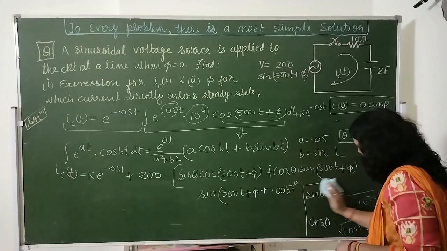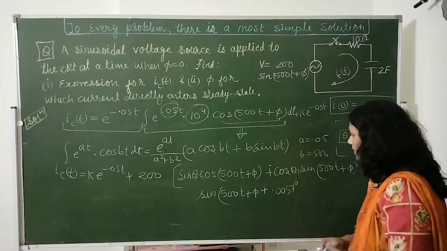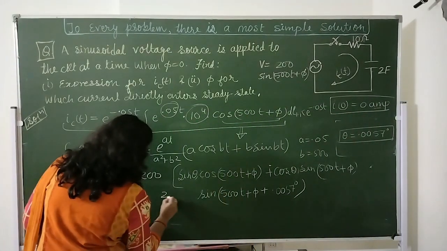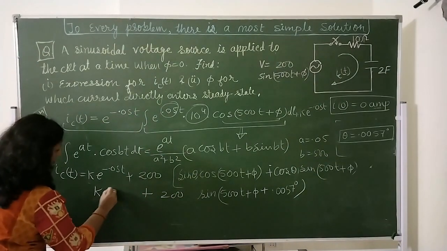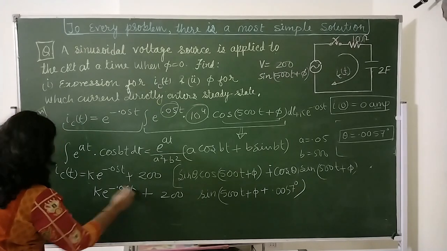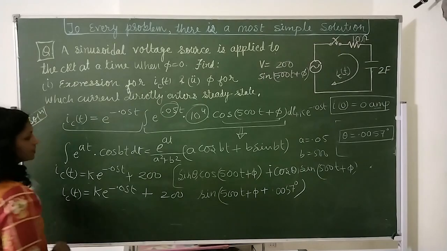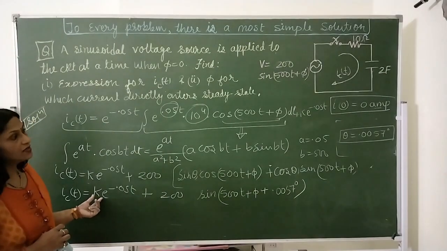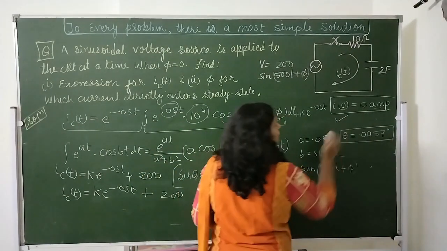Now we don't need this. Multiply this with 200. This will come as it is, e to the power minus 0.05t. This is our transient current i_T(t).